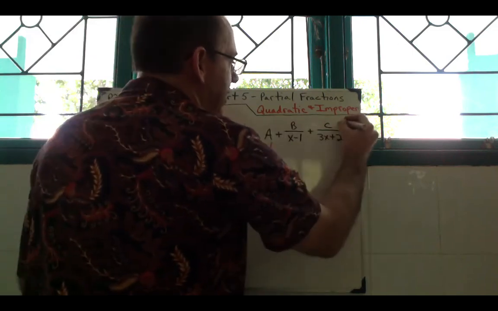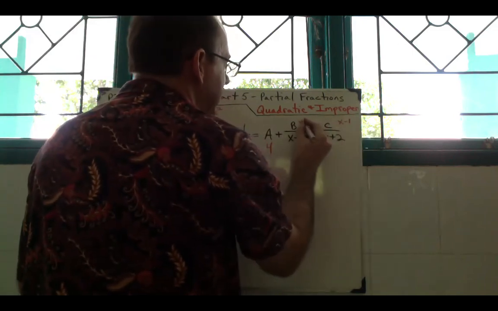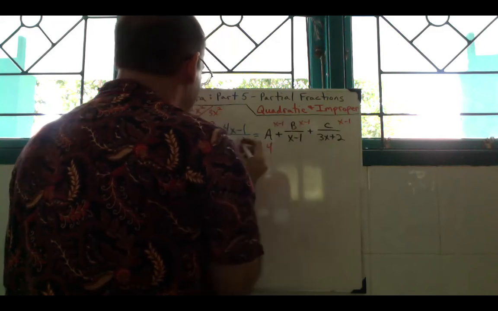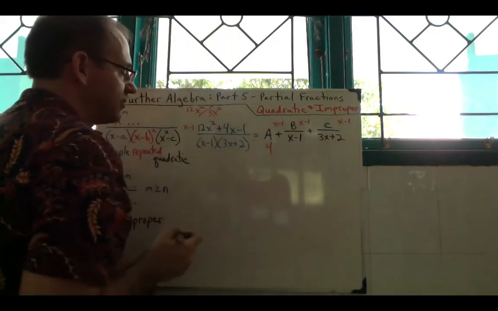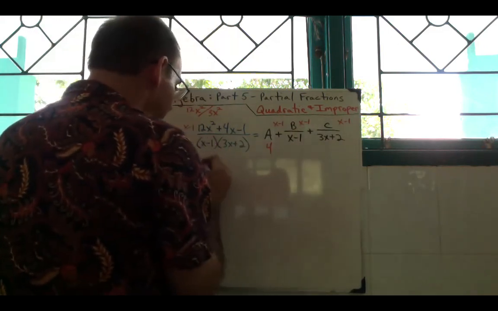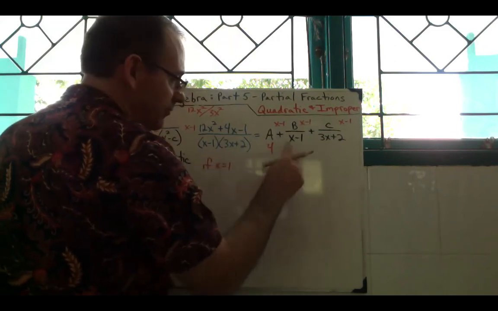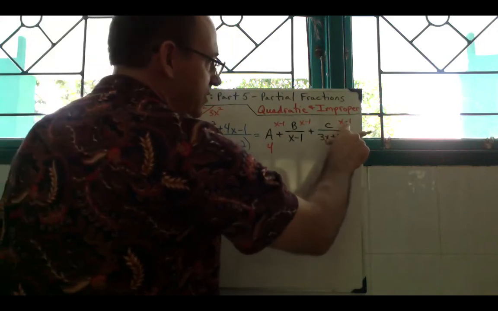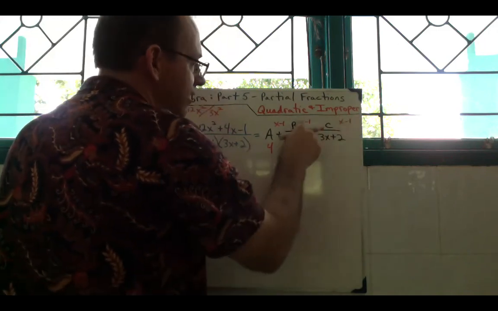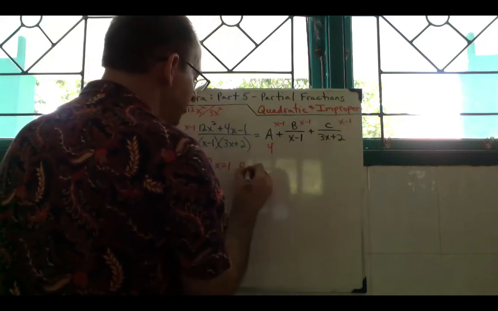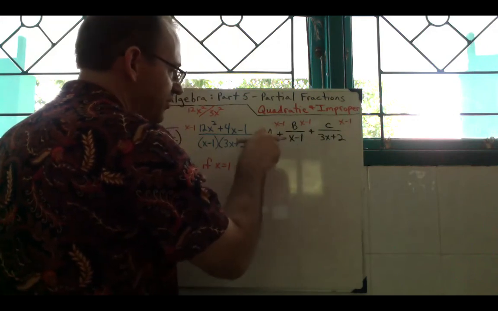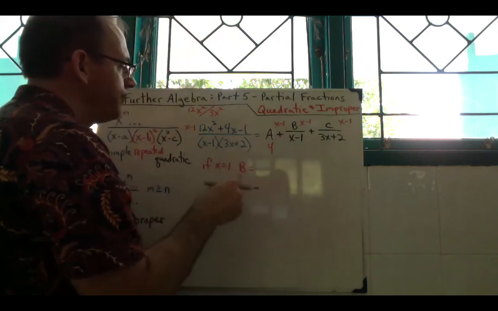Now we're going to multiply everything by x minus 1. And we're going to say if x equals 1, again, whatever makes it 0. So that makes this 0, all cancels out. This already canceled out, leaving us with the b. This becomes 0, knocks out the 4.